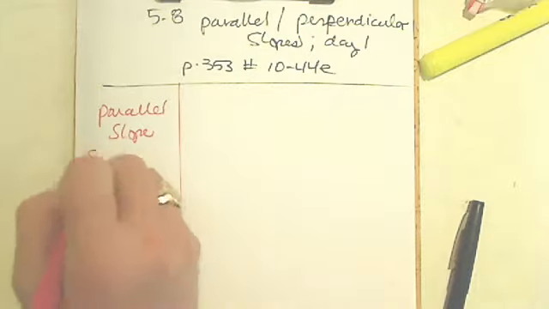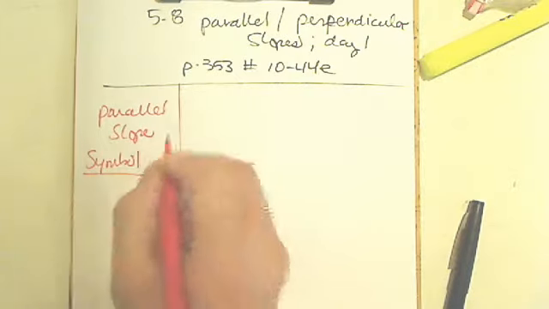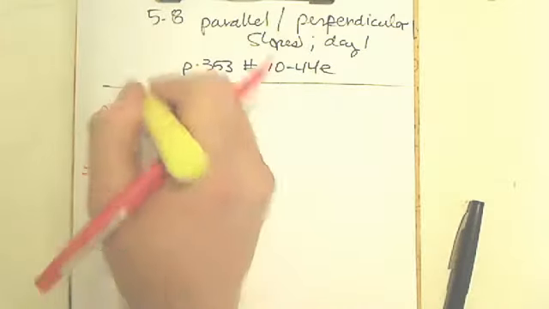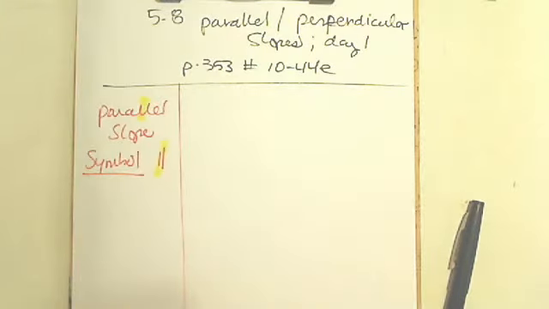Parallel. The symbol is the double L's. That comes from the double L's in parallel. What does parallel mean? Two lines and they don't cross, right? They don't intersect.